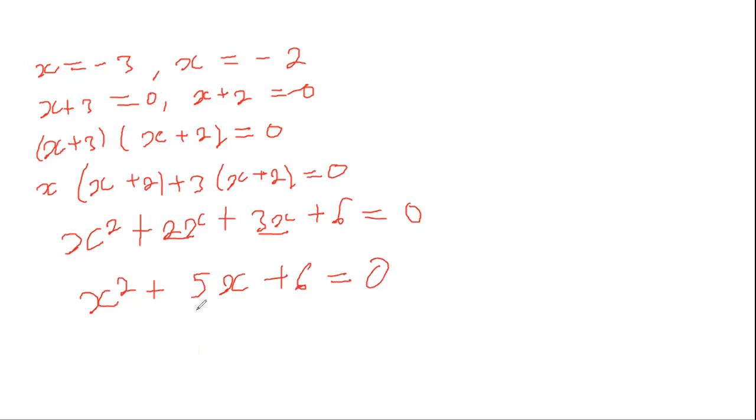So let us now try to find a general formula that we can use to simplify this work of forming a quadratic equation when we are given the two roots, or when we are given an equation and we are requested to find the sum, the product, and so on. So we can proceed.